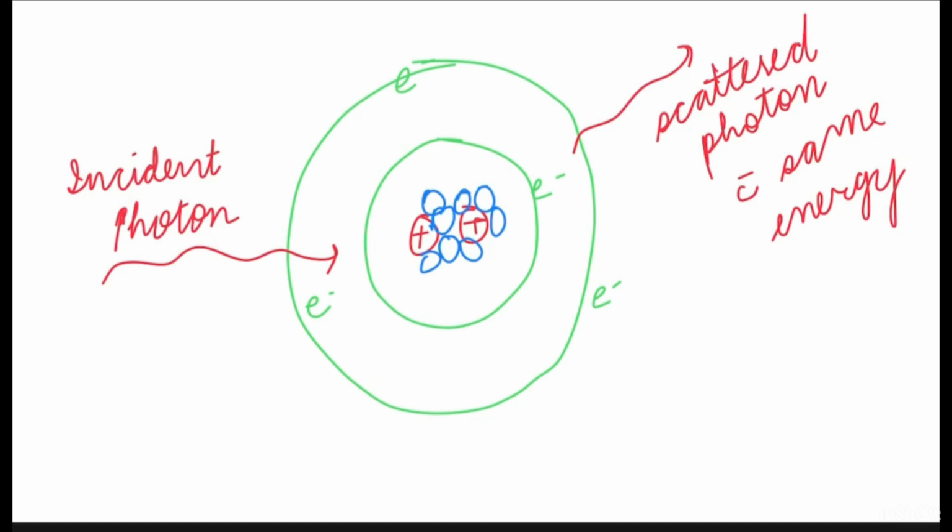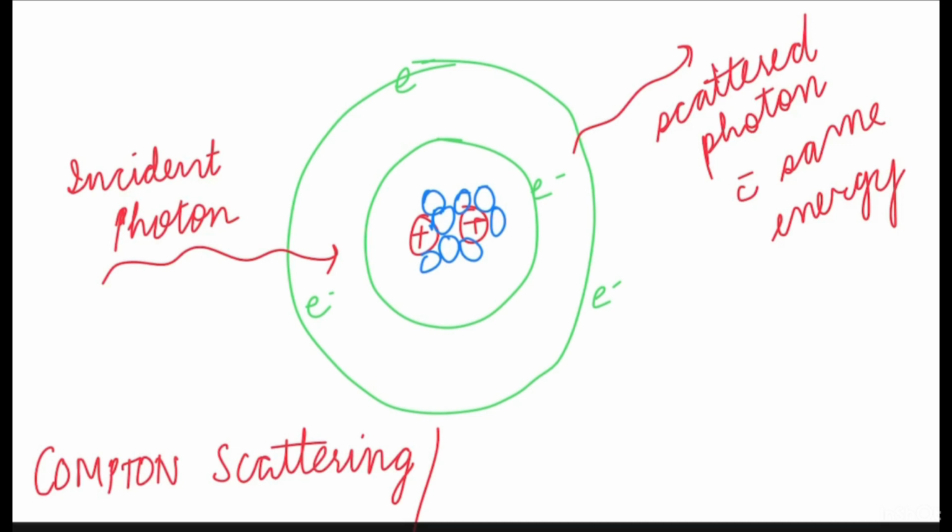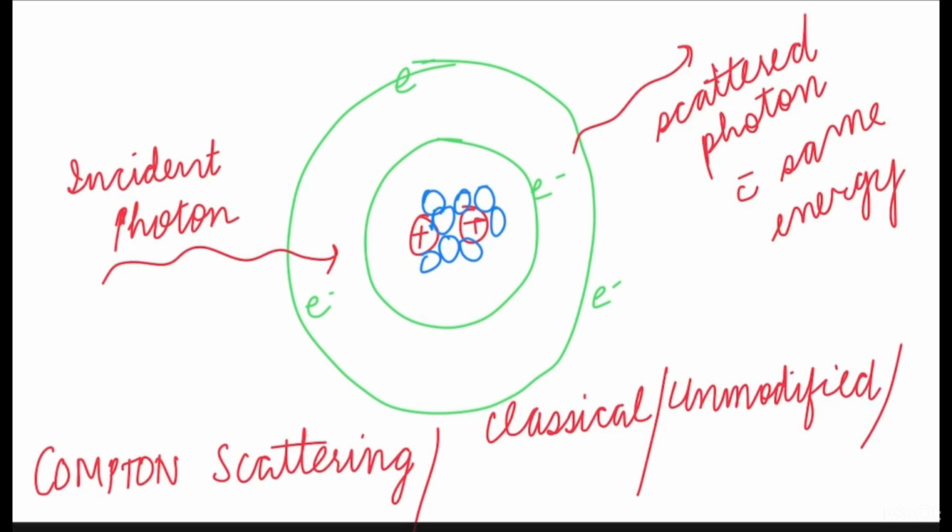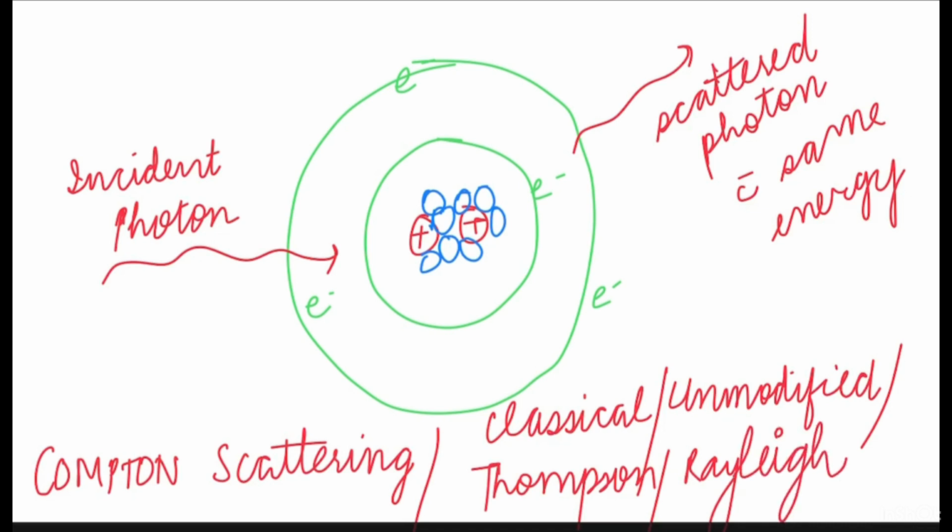First of all, we will discuss this scattering. It has many names. Also known as classical scattering, unmodified scattering, Thomson scattering, and Rayleigh scattering.